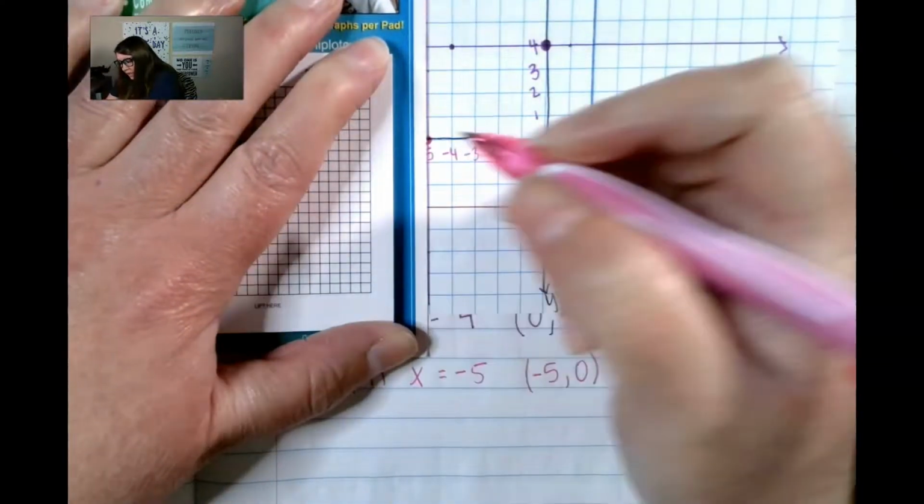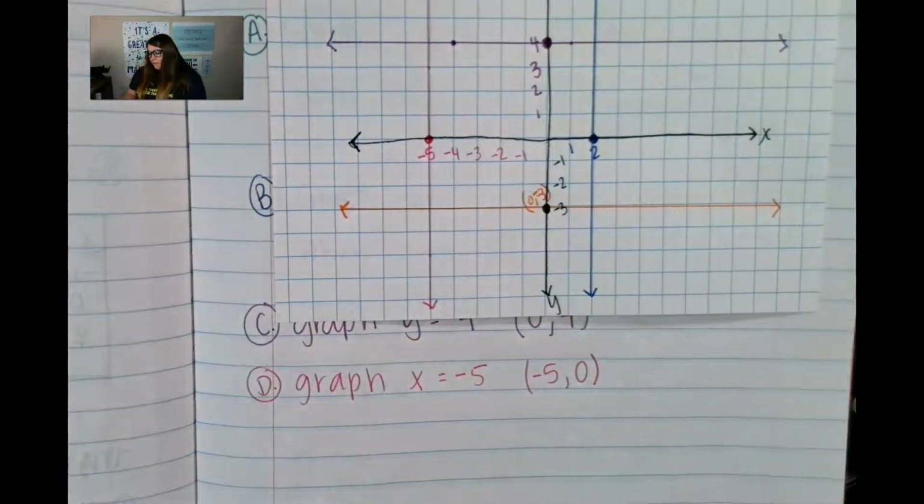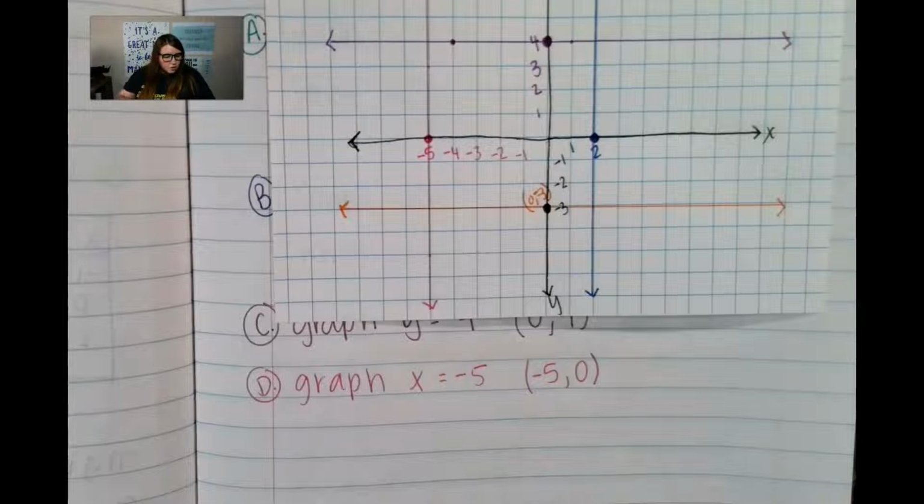There's no y value, but your x value does not change. If the x value changed, then you would have something different. Okay, there's no slope. It's just straight up and down because your x value will never change.